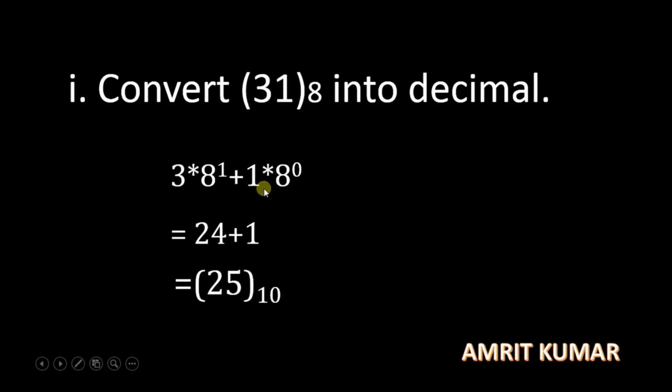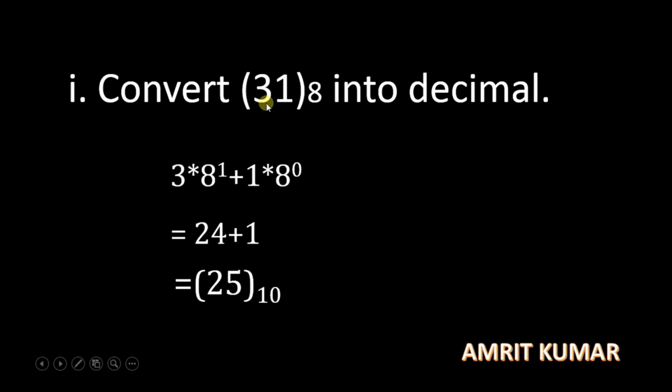Here you can see that I have the value 1, which is multiplied with the base 8, whose power is 0. This number has position 0, or we can say index 0.